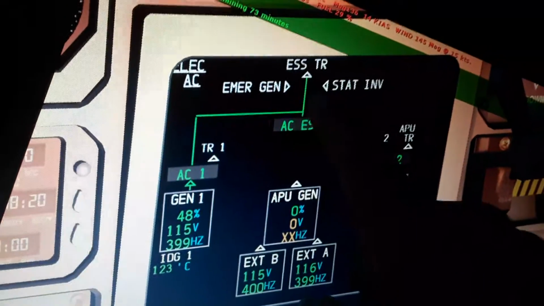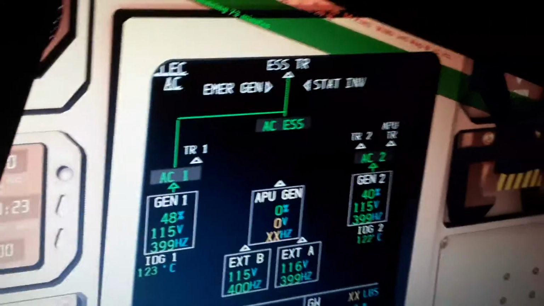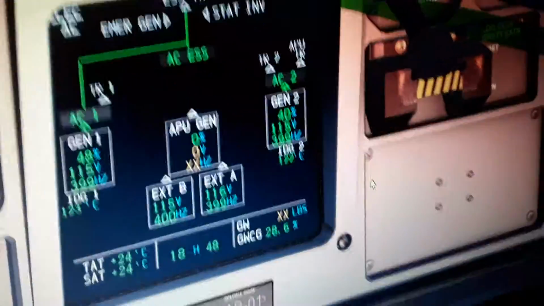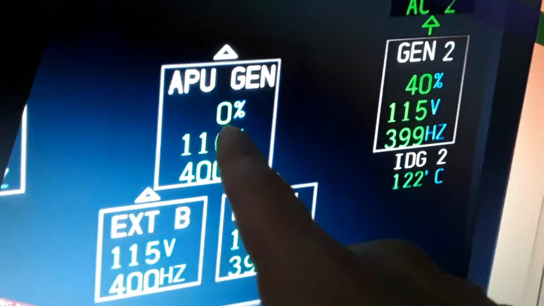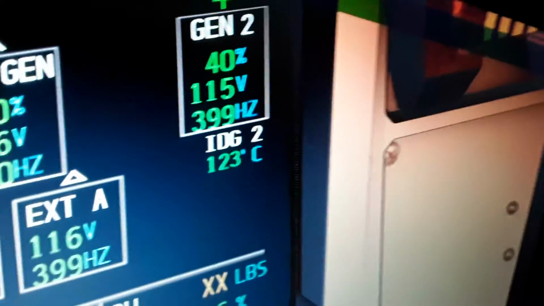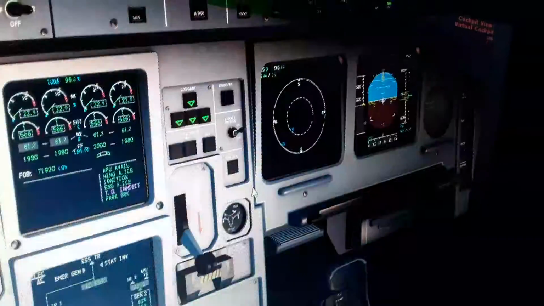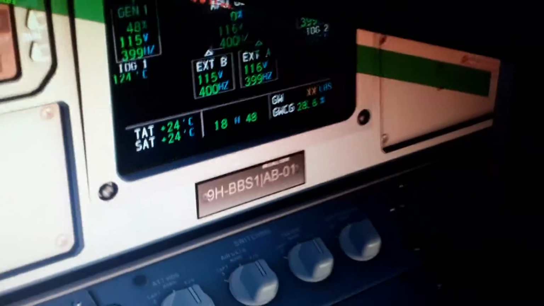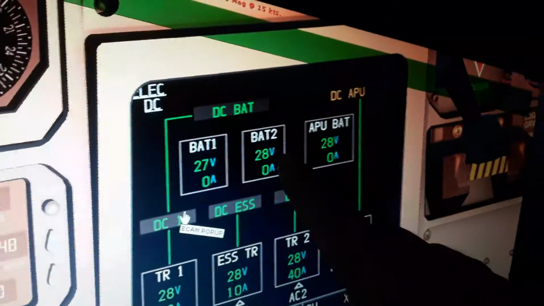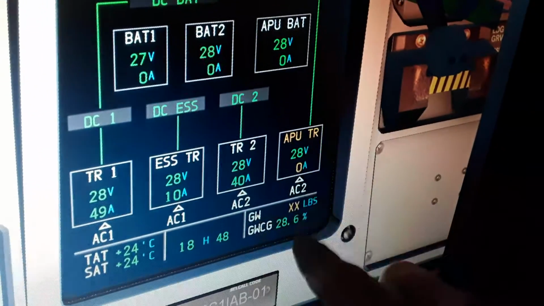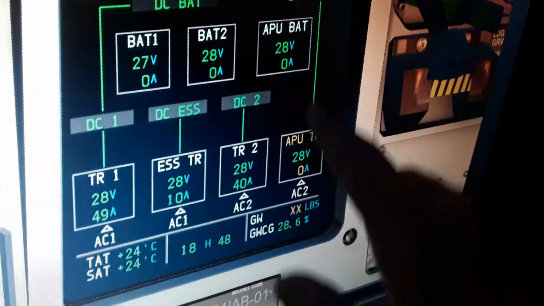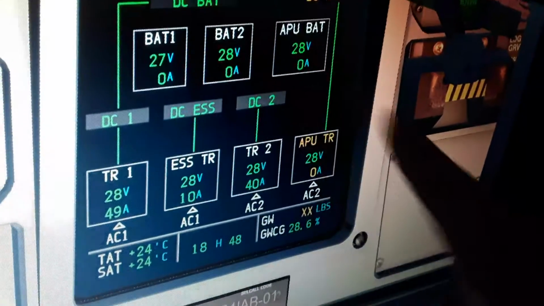Here is the alternate current essential bus, which supplies the aircraft system. Here we have 115 volts, 400 hertz. Here you can see the APU start supplying the aircraft right now if we need it. So here is the electric direct current, which is from battery 1, battery 2 and APU battery, and the APU transformer rectifier, which is to charge the APU battery from the alternate current source.